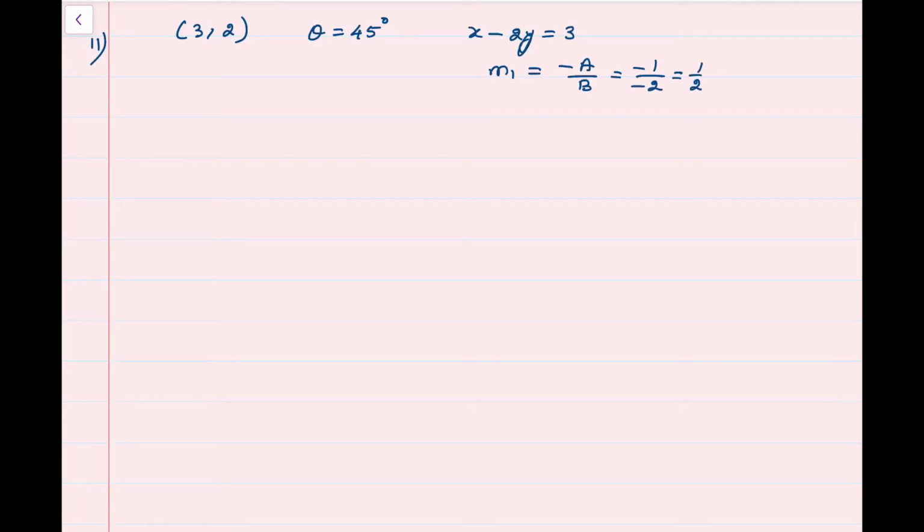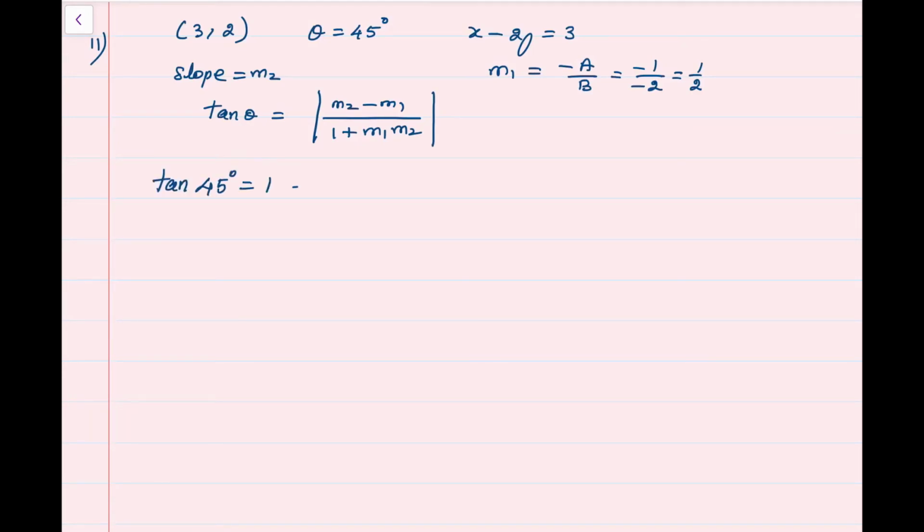And we will take the slope of the line which we have to find as m2. An angle between the lines is given. We will use tan theta formula. Tan theta is absolute value of m2 minus m1 divided by 1 plus m1 m2.